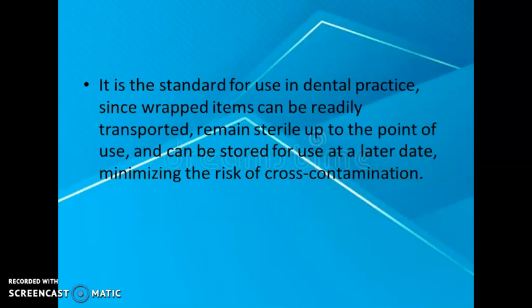And it is the standard for use in dental practice since the wrapped items can be readily transported, remain sterile up to the point of use, and can be stored for use at a later date, minimizing the risk of cross-contamination.